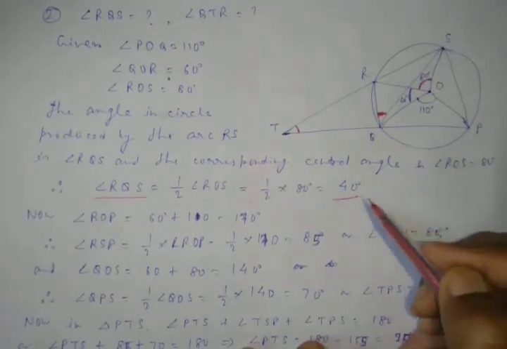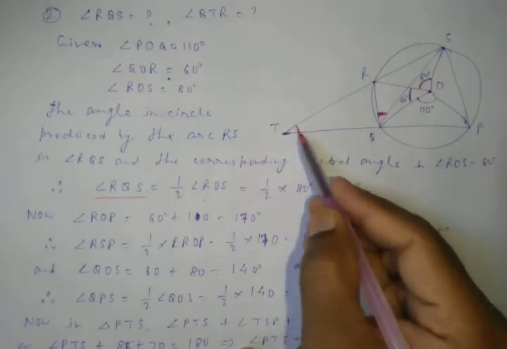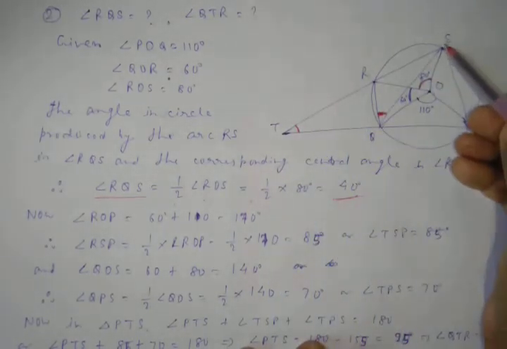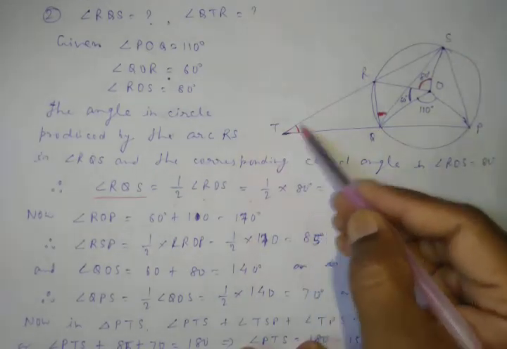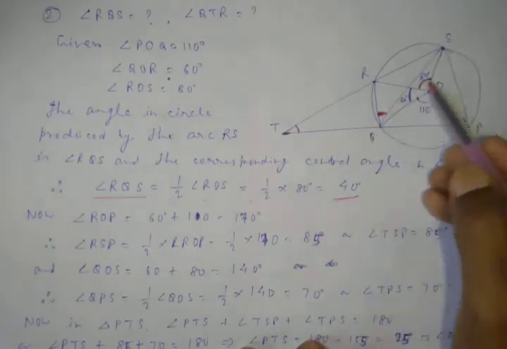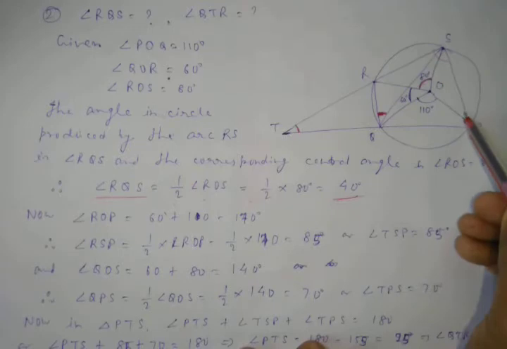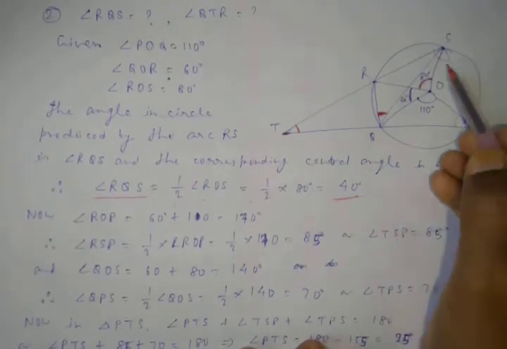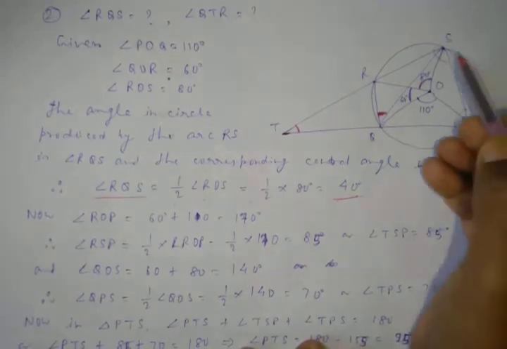Now we have to find the second answer, that is, the angle here. Suppose this is the whole triangle here, that is, PTS is a triangle. If you know this angle and this angle, then you can find this angle by the angle sum property. So first find this and this angle. How can we find this here?